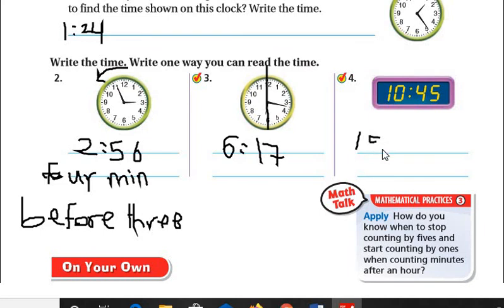It's 15 minutes before 11. And in your book, grade 3, please write it using letters. Okay?